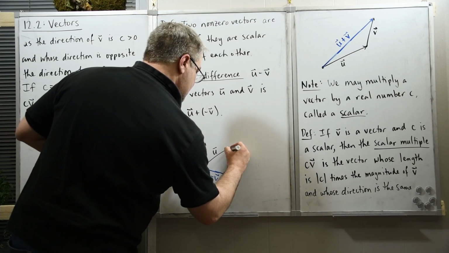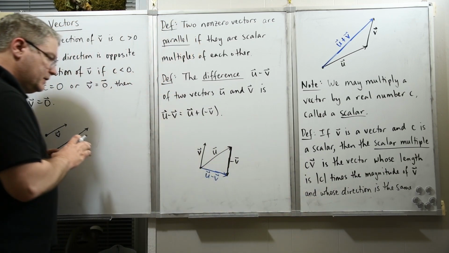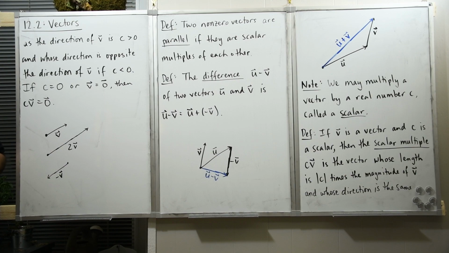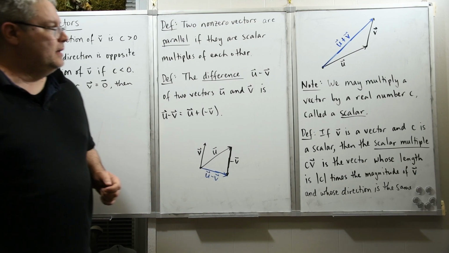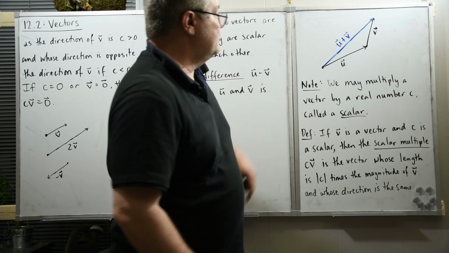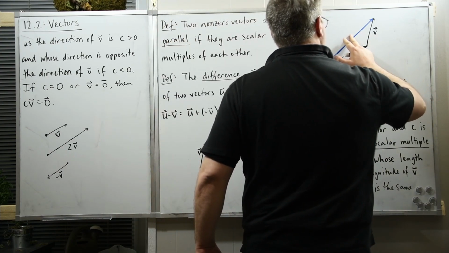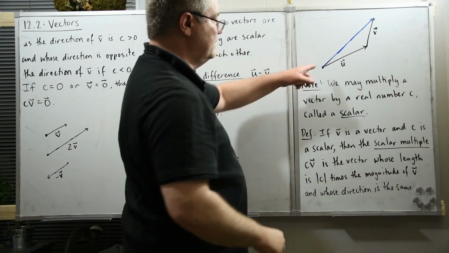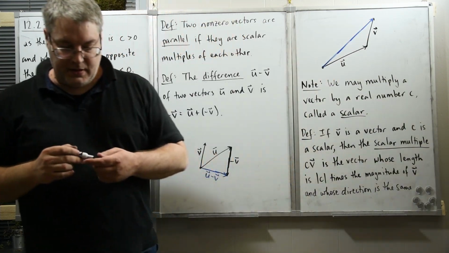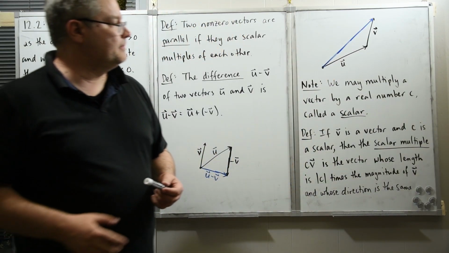Now, I will say that that's not necessarily exactly how I always like to think about it. So let me show you a perhaps different approach. In fact, we can go back to this particular figure. We already know that this vector is the same thing as u plus v. But imagine forming a parallelogram.